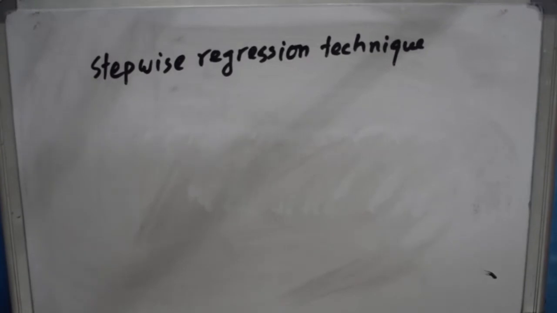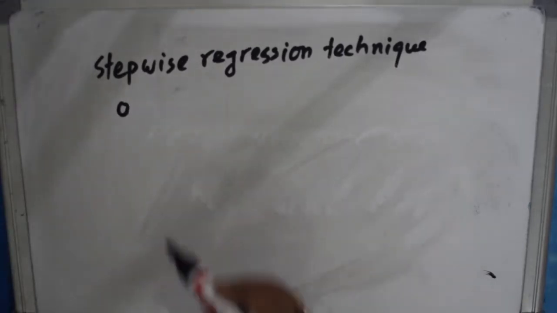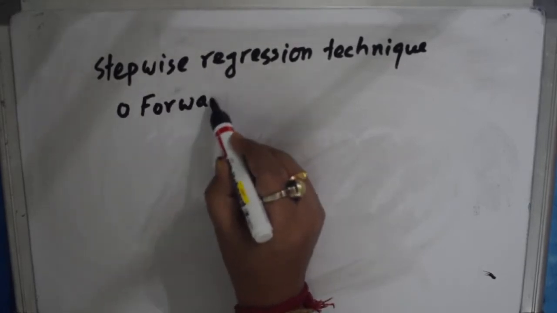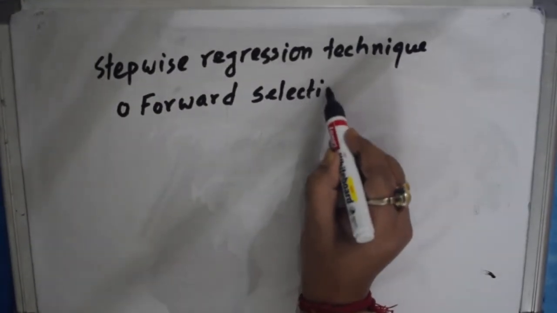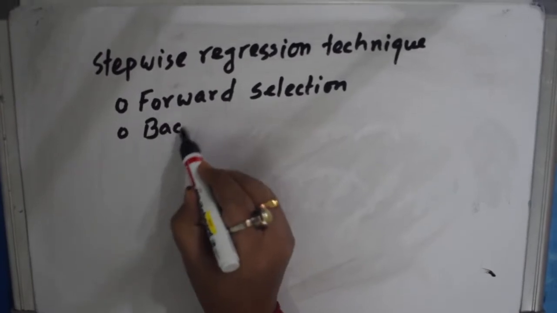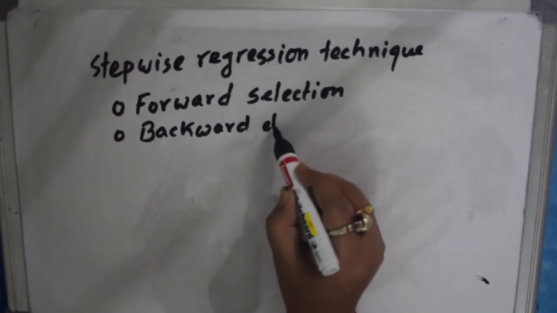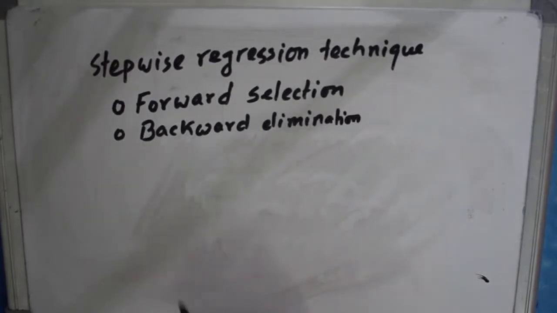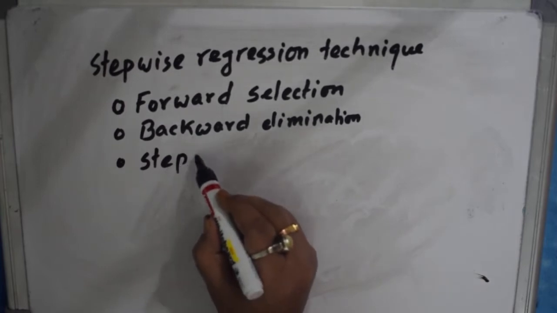Based on this, there are three procedures: forward selection, backward elimination, and stepwise regression.